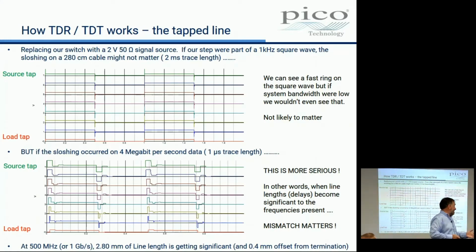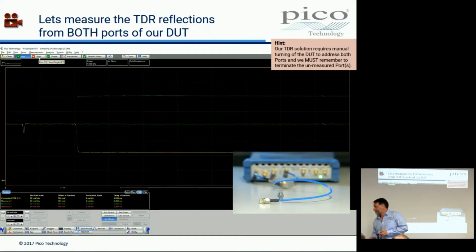So the high frequency digital engineer has to worry about that only at 1 gigabit per second. And when you get to 5 gigabit per second, 0.1 millimeter or less. So mismatch matters, I would put it to you.